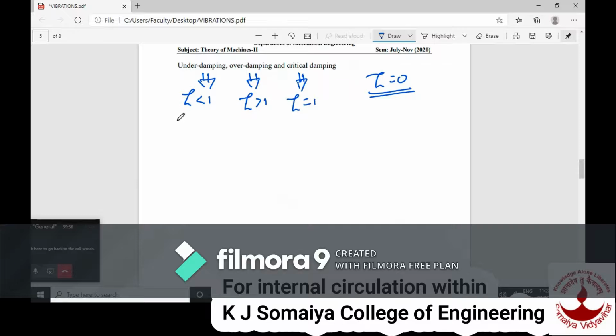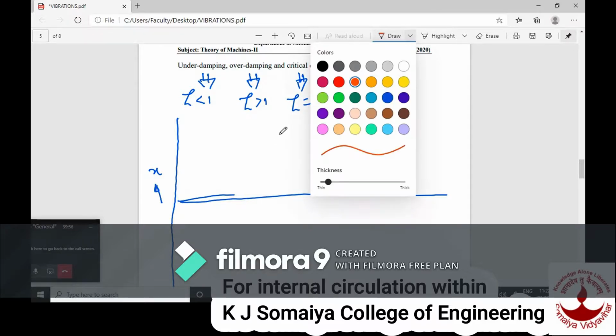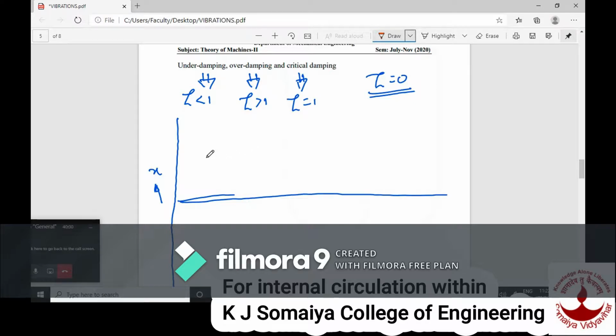Now if I represent the vibrating performance of a vibrating system on a displacement versus time plot like this, on the y-axis I will take displacement x. Now I will plot one by one. First I will represent the system which has zeta equal to 0.